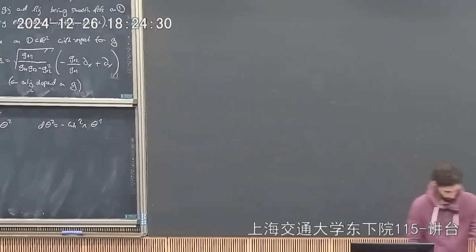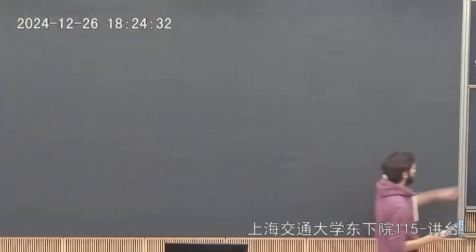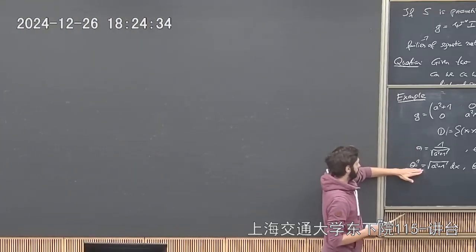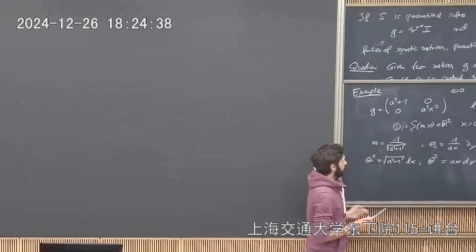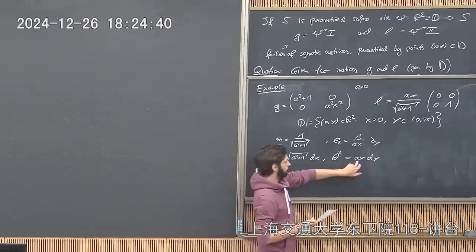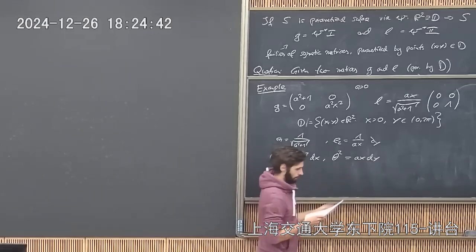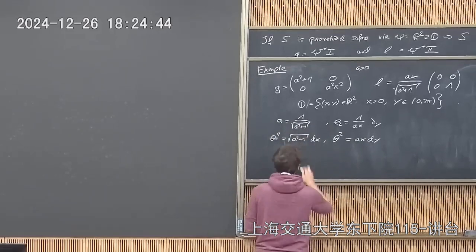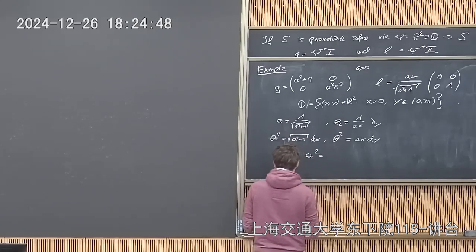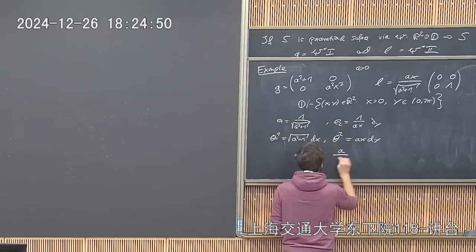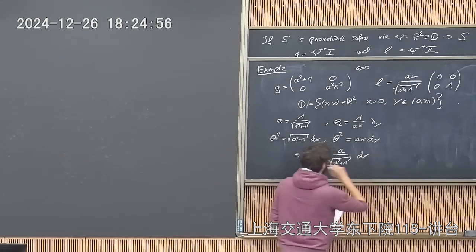So if you do it here, first of all, d theta 1 is just 0 because it's a constant function. And d theta 2 gives you a times dx wedge dy. And then from that you can conclude that omega 1,2 is equal to a over the square root of a plus 1 dy.